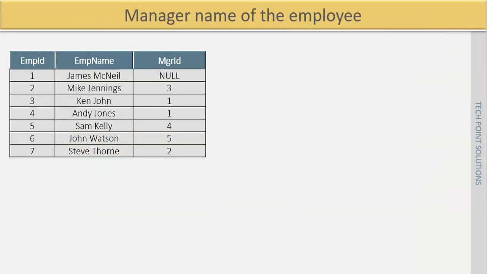Consider that we have an employee hierarchy table, and the table has columns employee ID, employee name and manager ID. Manager ID is also an employee that indicates the manager of that employee. Look at the table, employee ID 1. His manager ID is null because he is the top level employee and does not report to anyone.